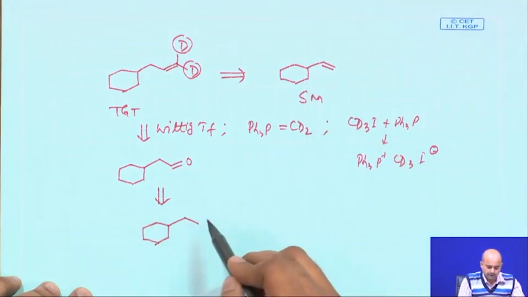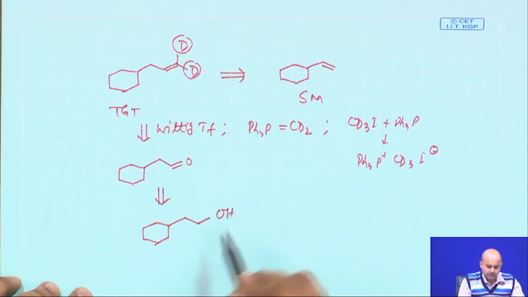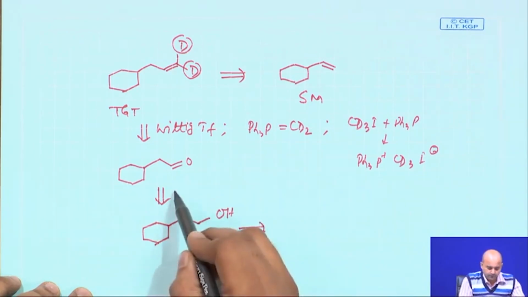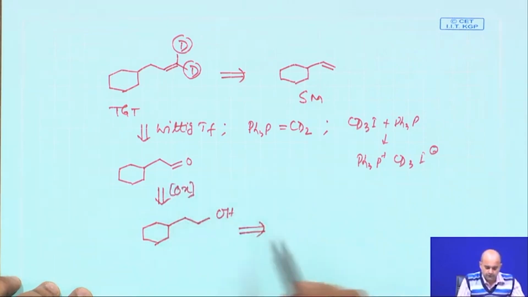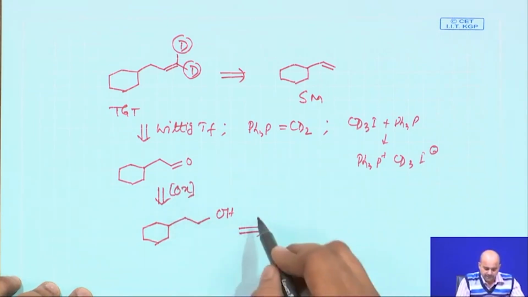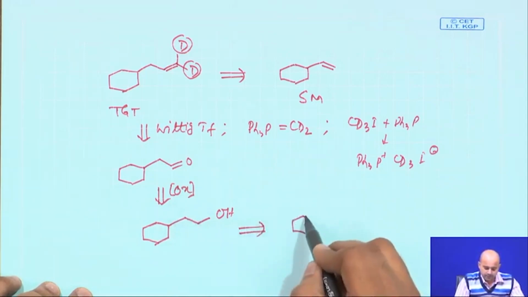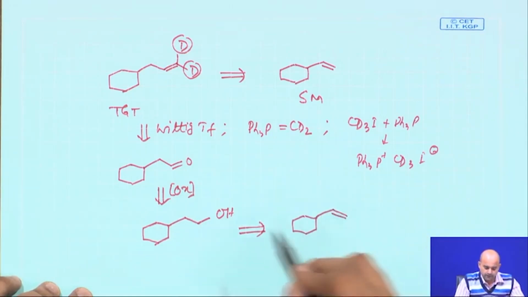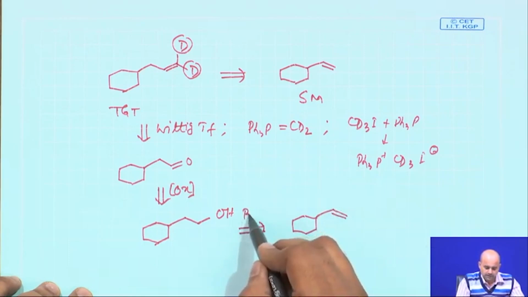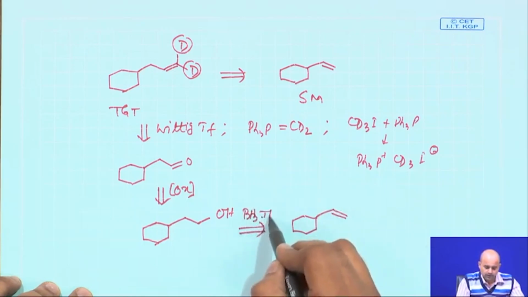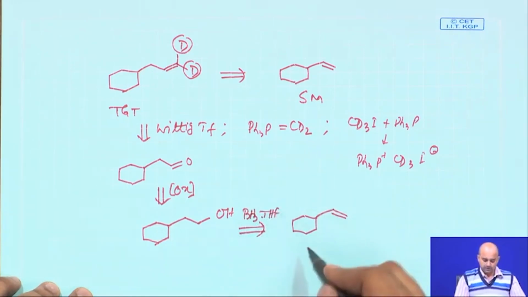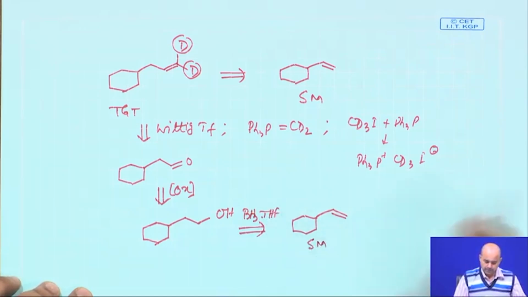Now, this aldehyde can be constructed if you have a primary alcohol. Now, here this is an oxidation-based transformation, any suitable oxidizing agent, and then here you try to correlate with the starting material if you do a hydroboration reaction with borane THF. So, you can now come to your starting material.